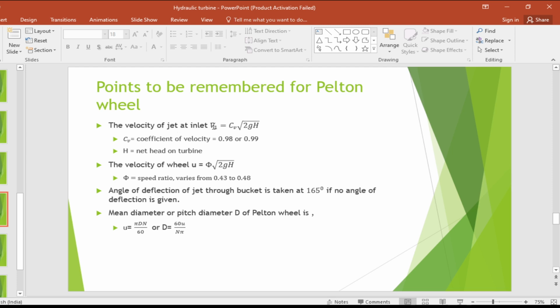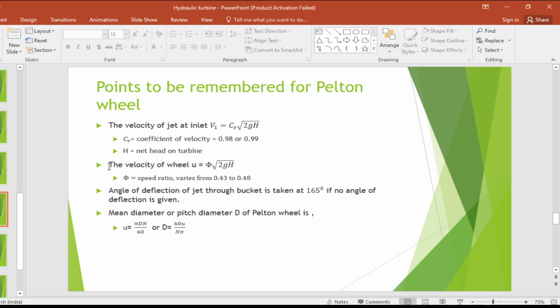For calculating it, V1 equals Cv root of 2gH, where Cv is the coefficient of velocity. That Cv will vary from 0.98 to 0.99. Now capital H is the net head of the turbine. We have discussed in a previous video, net head is nothing but gross head minus head losses.